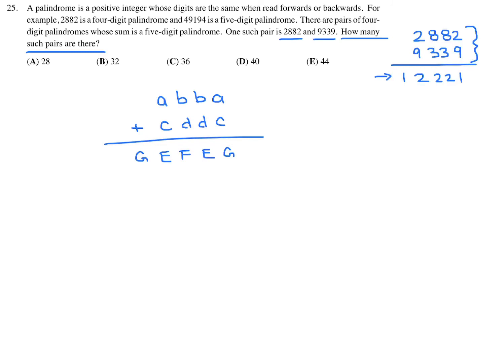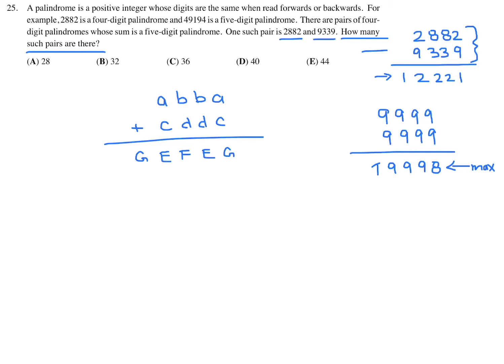Now let's try to figure out some clues here as to what this possibly could be in terms of numbers. The largest possible 4-digit number is 9999, correct? And interestingly, that's also a palindrome. So if you add two of them, very similar to what I did up there, you would get a sum of 19998. So this is the maximum sum of two 4-digit numbers.